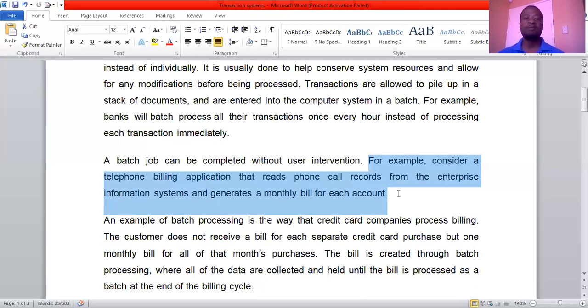Telecom doesn't necessarily charge you right after each and every call. What they do is they bill you up. They take all the calls that you made, maybe for one week, add it to the other weeks until they make up the whole month, and then they give you your bill.